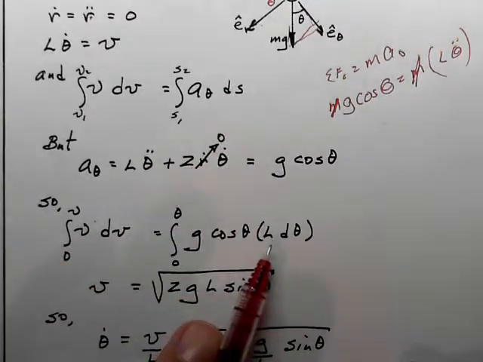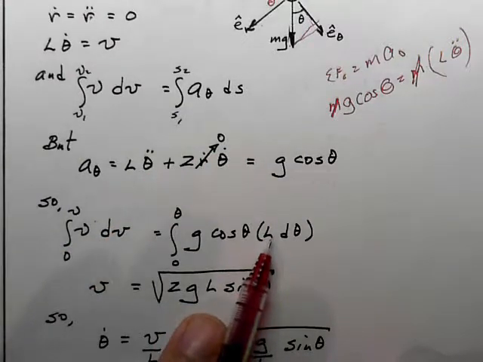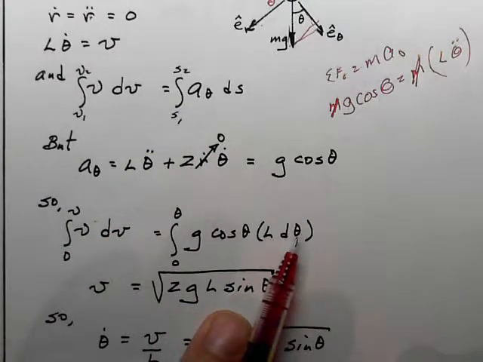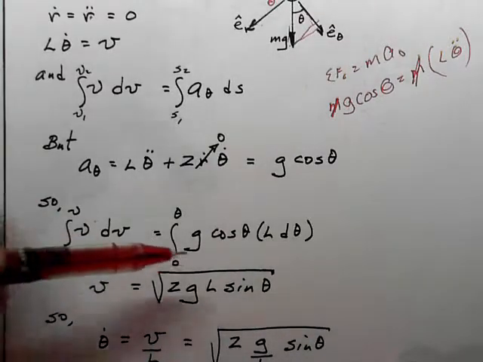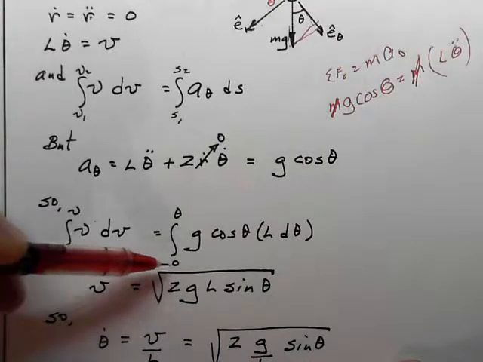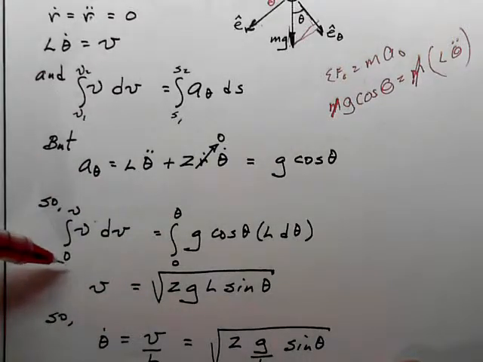The arc length of an arc segment is the radius times the angle through which the arc sweeps. So we'll change this into an L d theta, and we will now integrate from theta equals 0 to a dummy theta, and integrating from the v0, because we started from rest, to a dummy v.